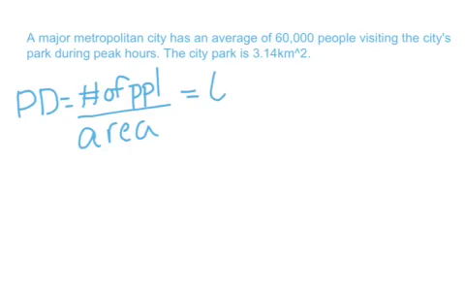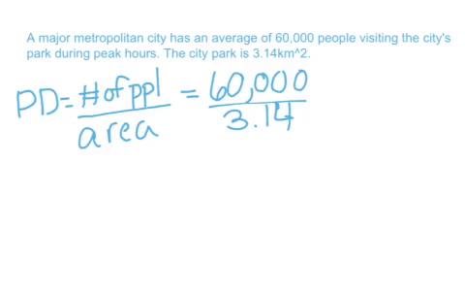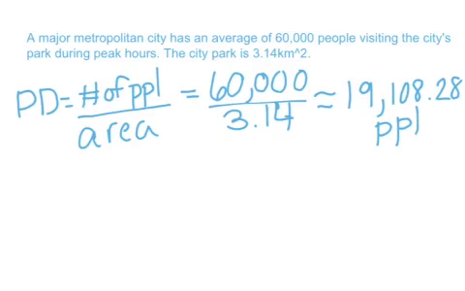So I have 60,000 people, and we're dividing it by 3.14 square kilometers. So 60,000 divided by 3.14. So there are approximately 19,108.28 people per square kilometer.